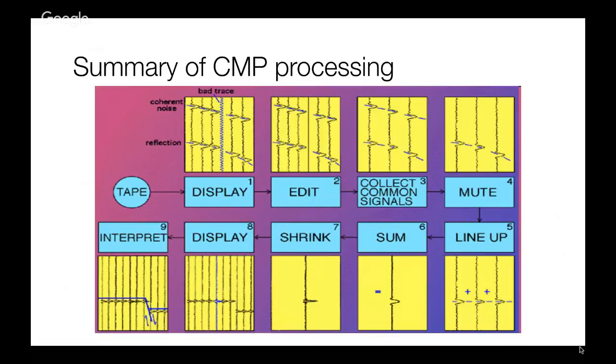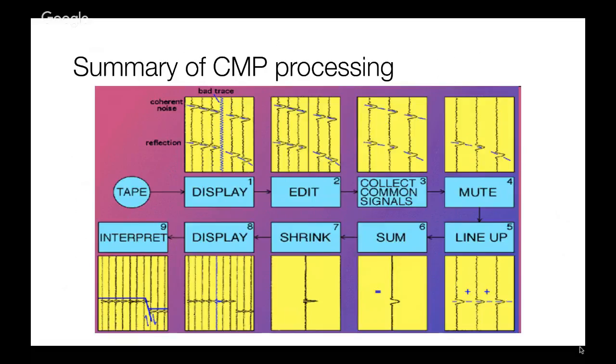We're fitting a hyperbola that goes through all of those to find our stacking velocity. Then we're using that stacking velocity to account for the different travel paths for those different reflections to turn them into normal incident reflections, which are going straight down and coming back up.